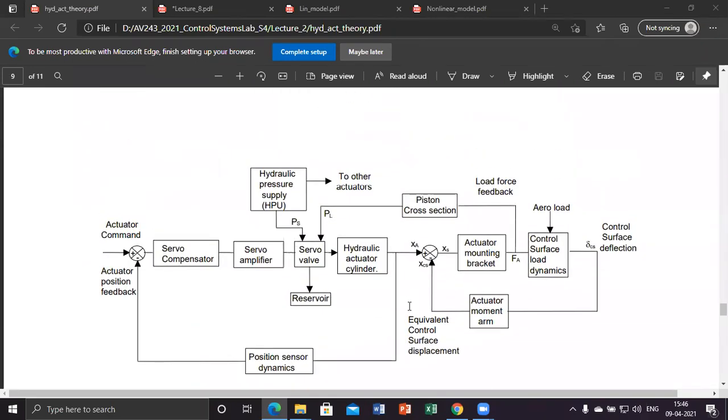Both are the same because it's drawn another time. So XS is the difference. That is the equivalent structural deflection, same as XB that we were explaining. That multiplied by the actuator mounting bracket stiffness gives FA. Now we are considering only that mounting bracket point that is having a deflection of XS. Definitely the force transmitted through the mounting bracket should be the product of XS and the stiffness.